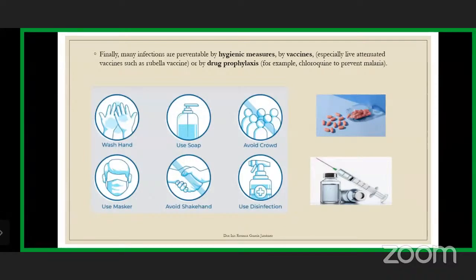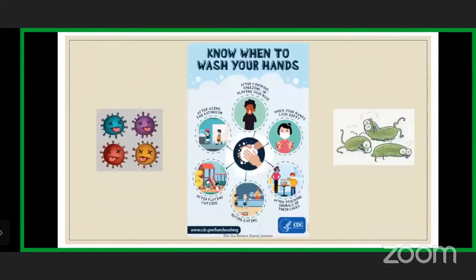Okay, wash hands, use soap, avoid crowds, use masks or surgical masks, avoid shaking hands, use disinfection. Now, when to wash your hands, we all know when the better moments are to do this, just as an information slide for taking into account.